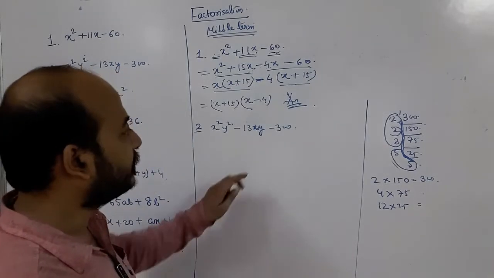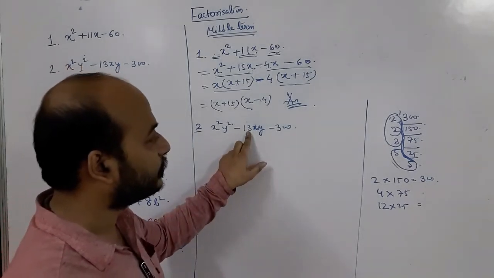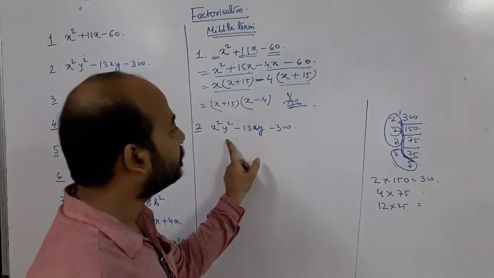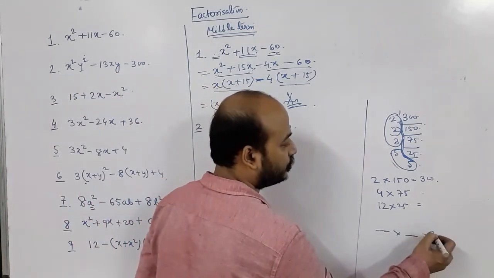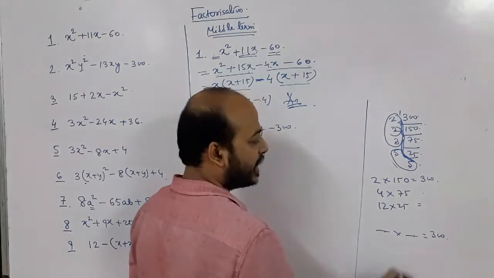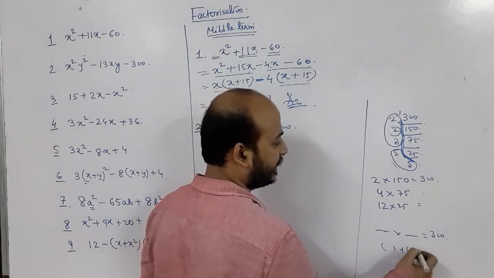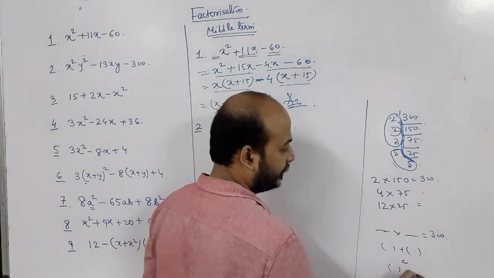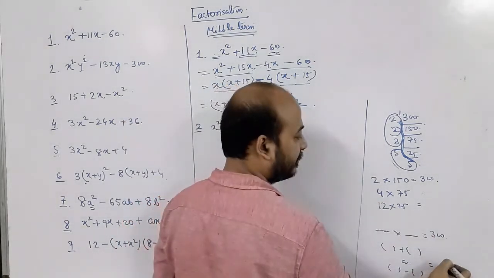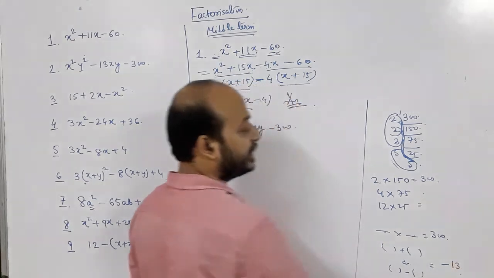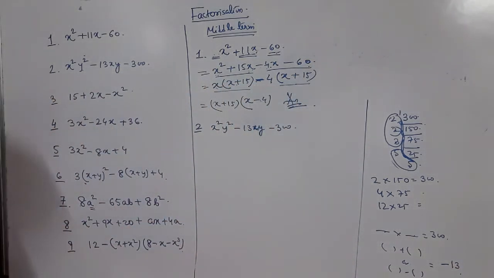Now you can see you require 13 here. So you have to think of 2 numbers such that when you multiply them you get 300, and when you add or subtract them, you get the middle number. Middle number is what? Minus 13.